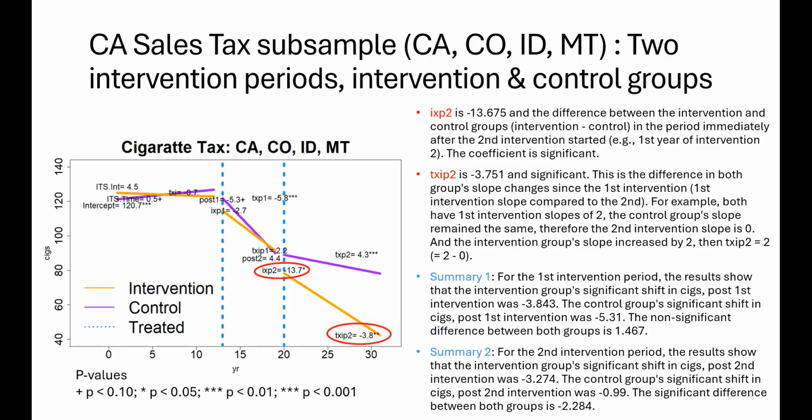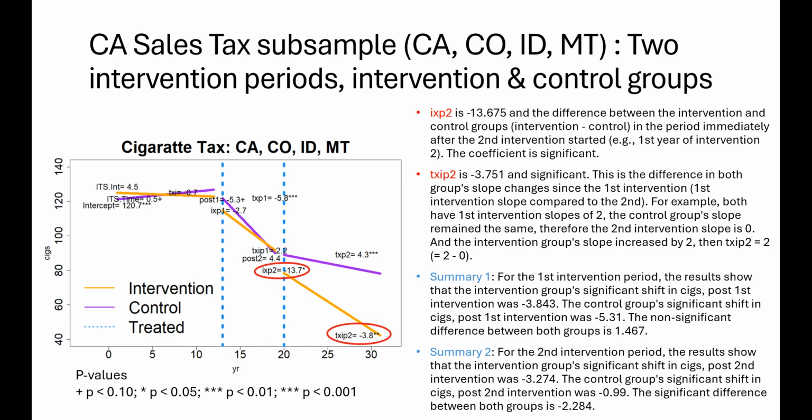So we can actually see that there was a bigger change in the control group's trend after that first intervention period. Both states show a decreasing trend in that middle period, but those 3 states had a steeper decrease, but not significantly.